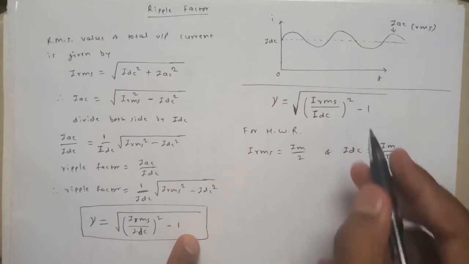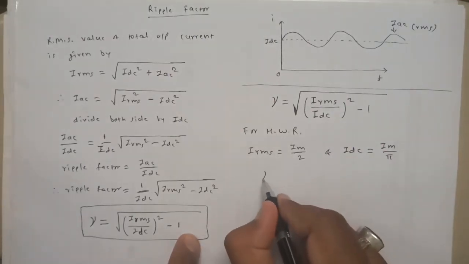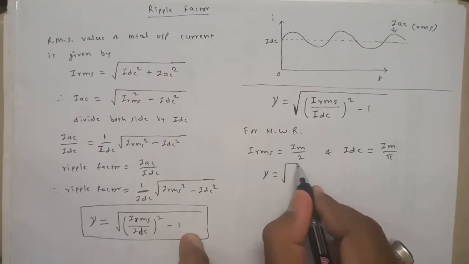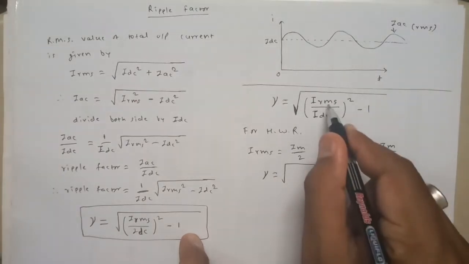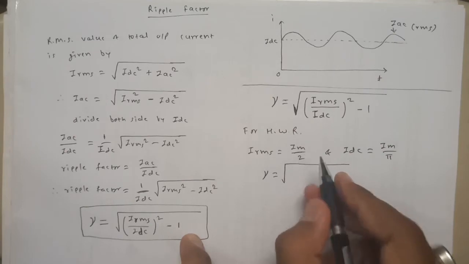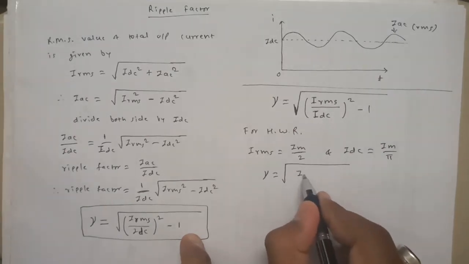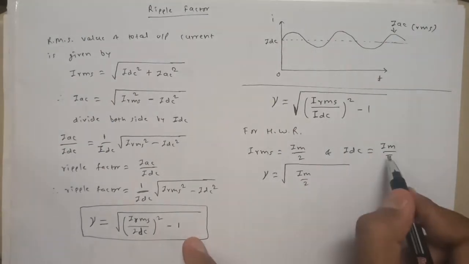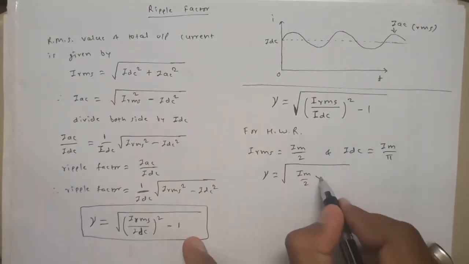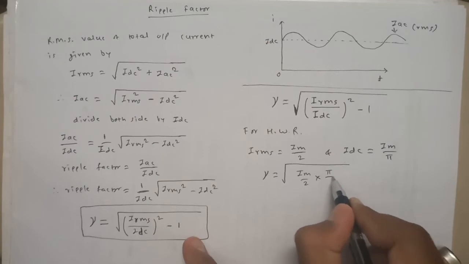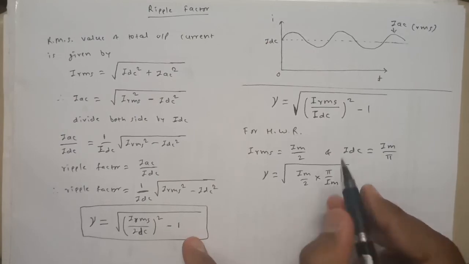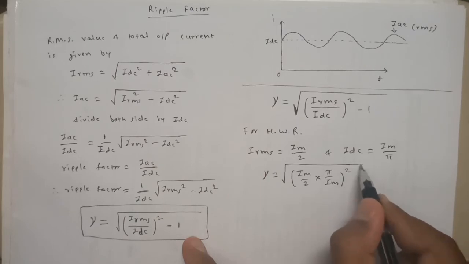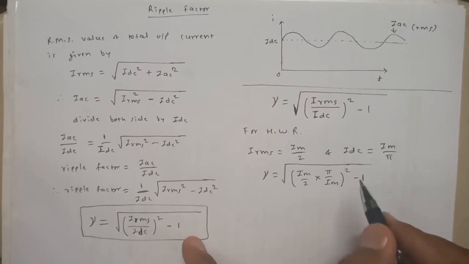So if you put this, the ripple factor in case of half wave rectifier is given like, now I will put IRMS is equal to IM by 2. So it is IM by 2 divided by IDC, so it can be written like multiplied by pi by IM, right? And this is in bracket and bracket square, and this complete minus 1.